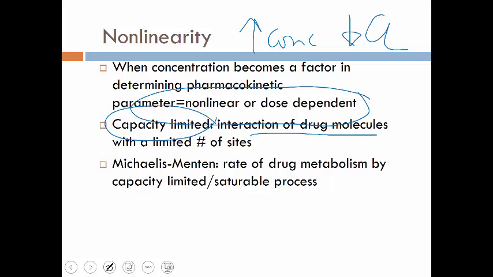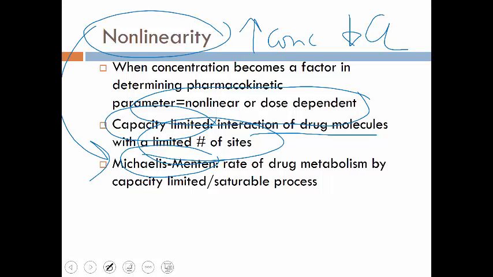So the interaction of the drug molecules with a limited number of sites gives us a saturable system or a capacity limited system. These are all Michaelis-Menten type relationships. So nonlinearities are always due to Michaelis-Menten relationships. As you remember, Michaelis-Menten for hepatic enzymes is Vmax.